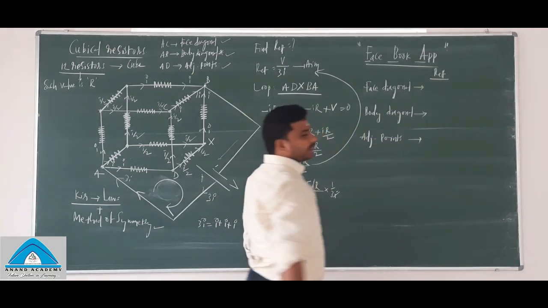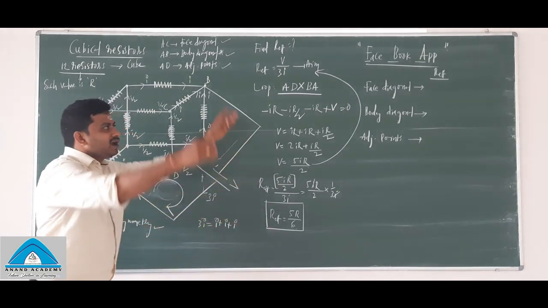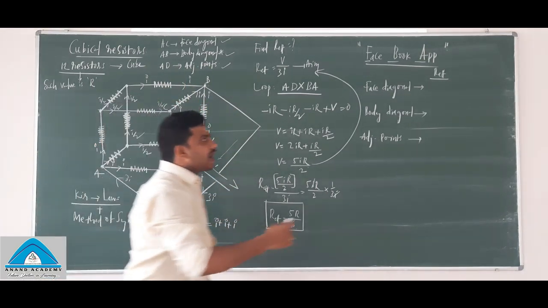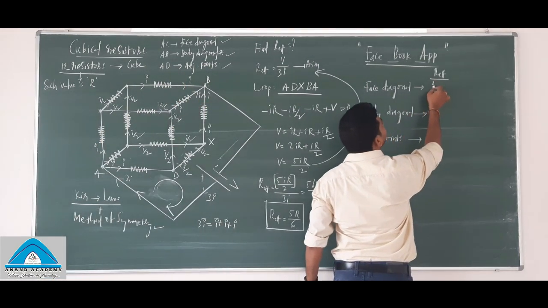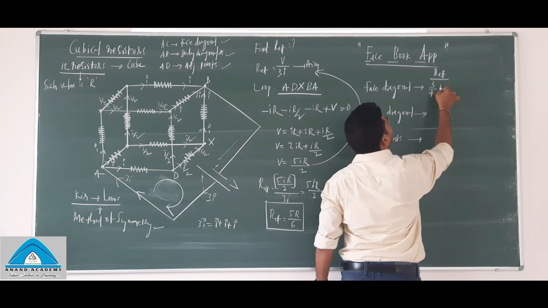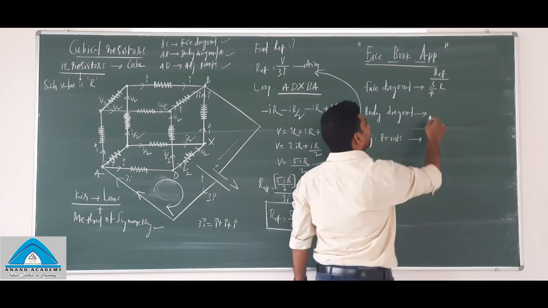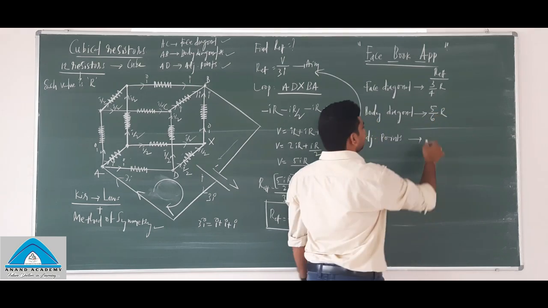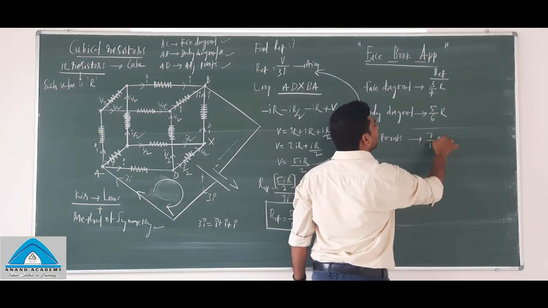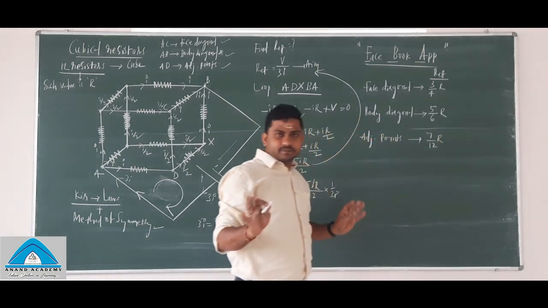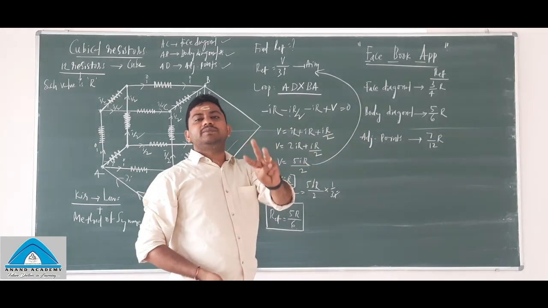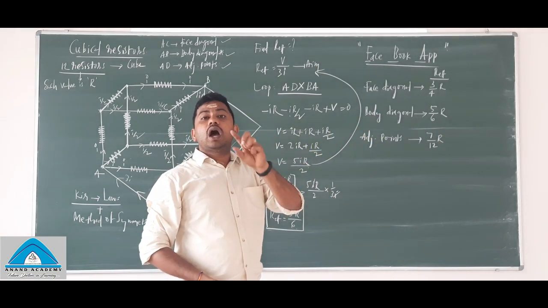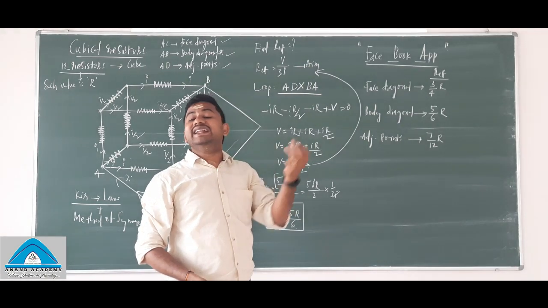Right? So what is R effective? Listen carefully. R effective will be 3 by 4 R, 5 by 6 R, 7 by 12 R. That's it. Remember, starting from 3. Because how many cases will we have?